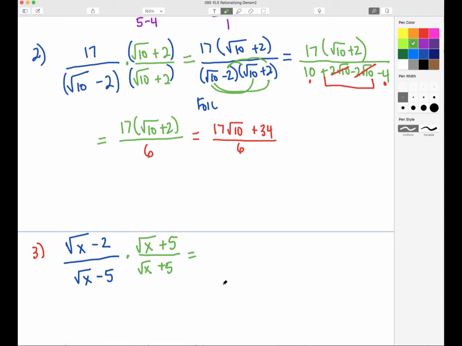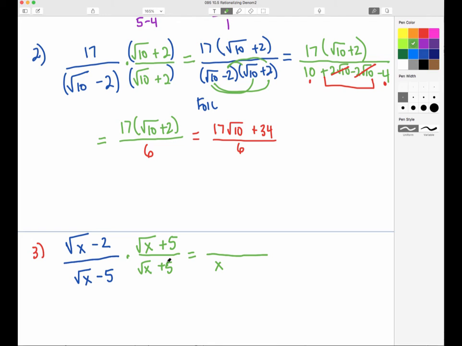So you might have noticed that pattern on the denominators when we were foiling out. It always seemed to be the first term squared, stuff canceled out, and then the last term squared, and there's always a minus sign. So we can quickly rationalize this problem, at least work on the denominator, by knowing that this square root x is going to give us an x.